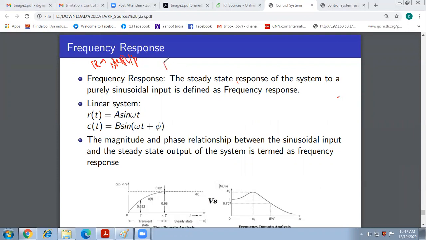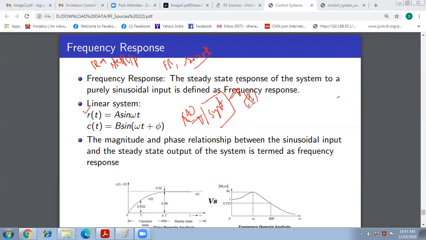Now when we are with frequency response, the input that we are going to use is a pure sinusoidal function, sine of omega t. Here you can see the input given to a system. Let us say this is the system, the input coming to it is a sinusoidal input, and the output obtained from the system is c of t.